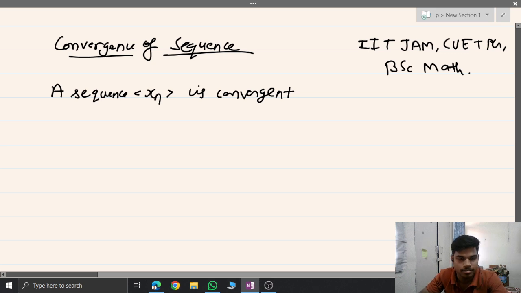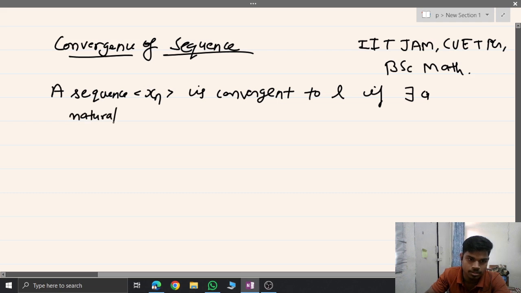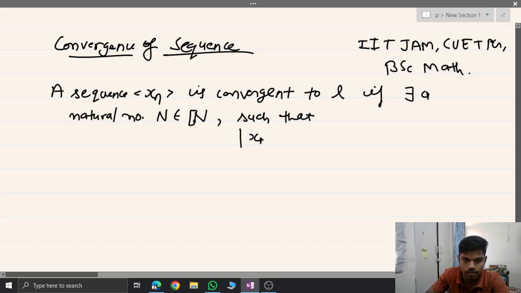I will explain it in detail. A sequence converges to L, suppose any limit L, if there exists a natural number N, in the set of natural numbers, such that modulus of xn minus L is less than epsilon, for any epsilon positive.